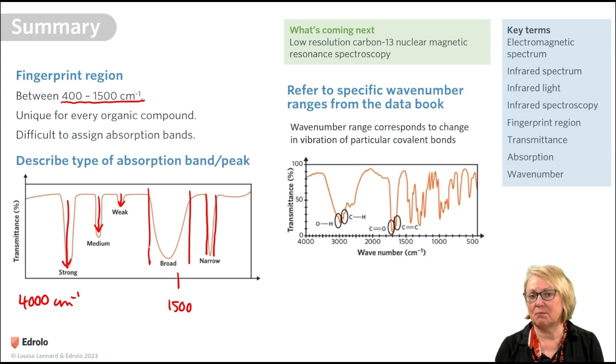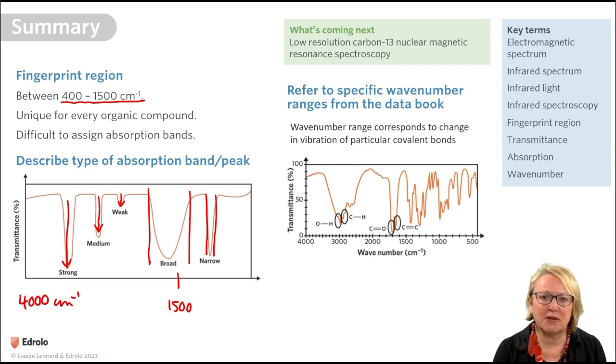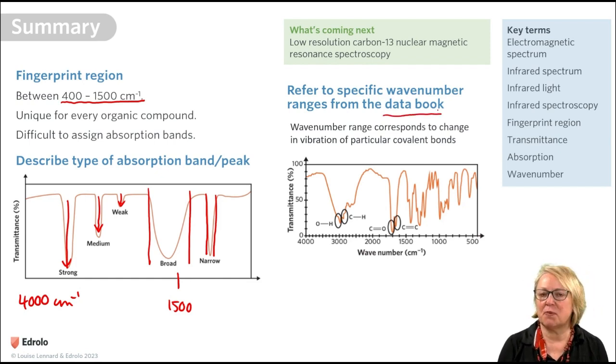Sometimes the peaks overlap as well. And you need to correlate what you see or don't see on the spectrum with the wave number ranges from the data book. The wave number range corresponds to that change in vibration of particular covalent bonds at particular wavelengths.